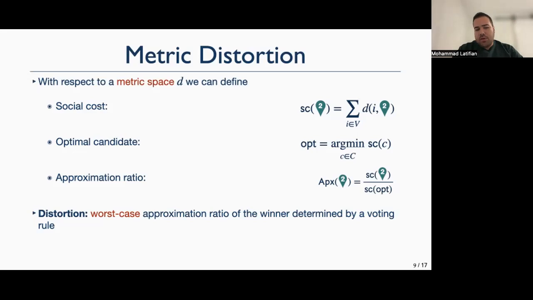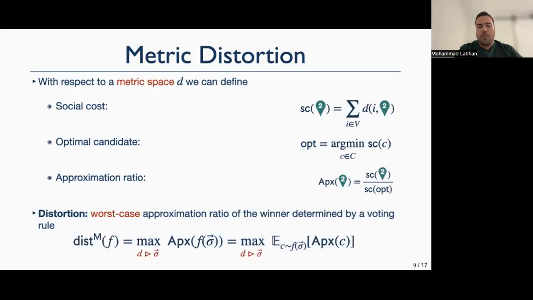Using that, similar to the utilitarian case, we define the distortion as the worst case approximation ratio of the winner determined by the voting rule. The difference is that here we take the worst case over all possible metrics, and inputs stemming from that metric.